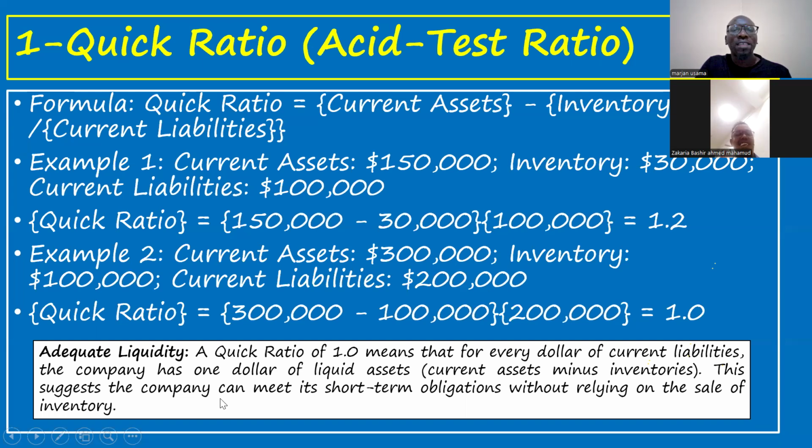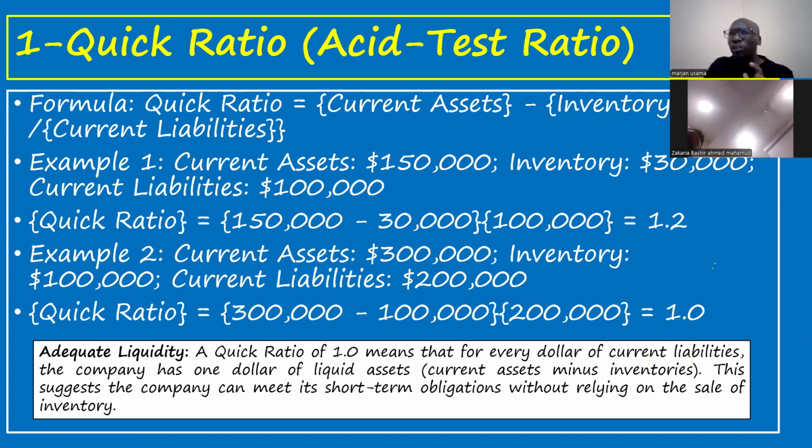This suggests that the company can meet its short-term obligations without relying on the sale of inventory. So in brief, if you calculate and you get any figure above 1, then it basically means we can meet our short-term obligations without being forced to sell our inventories.